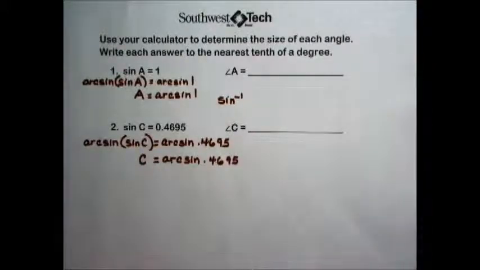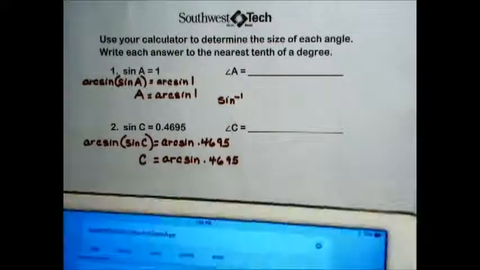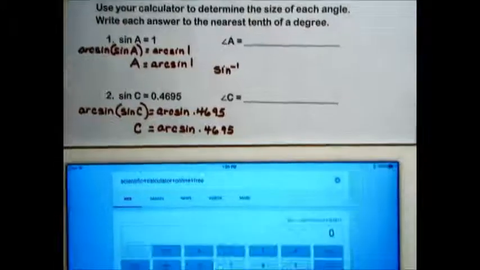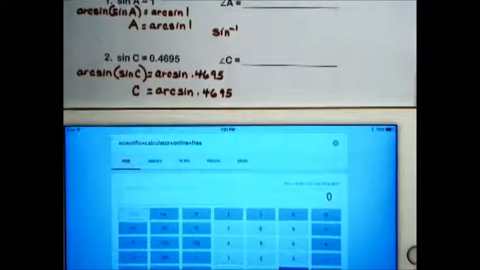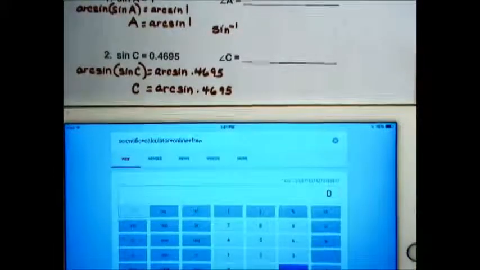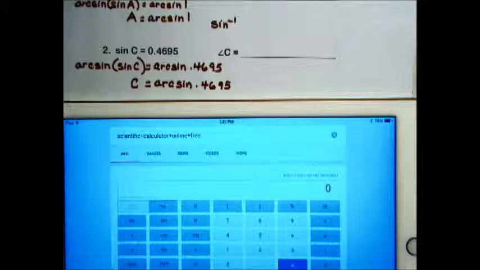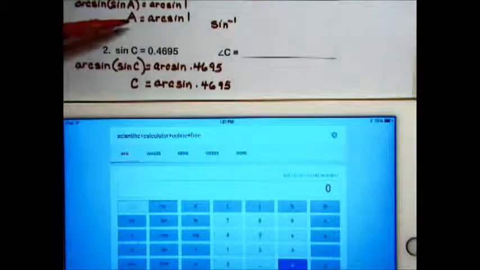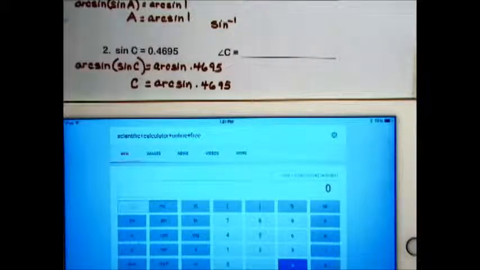So I went to Google using the iPad Air. I entered in Scientific Calculator Online free, and one of the choices was this direct algebraic logic calculator. So to answer the angle measurement for A, I want the arc sine of 1. I'm first going to press the inverse key.